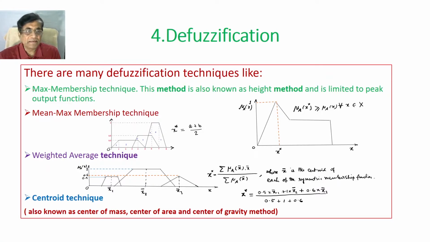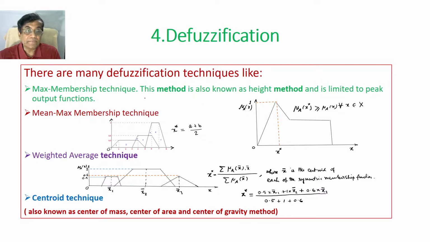The first one is the maximum membership technique. Say I have a continuous membership function like this. It's a combination of a triangular membership function and say this kind of rectangular membership function it might be.